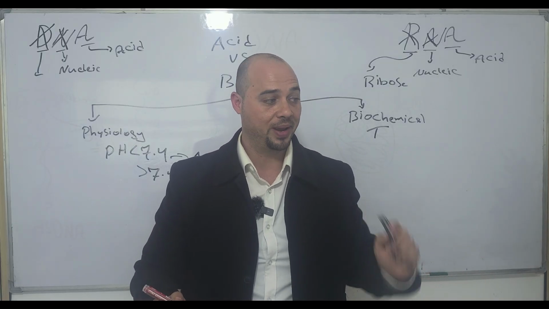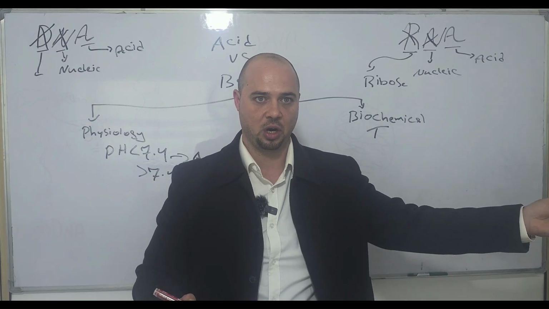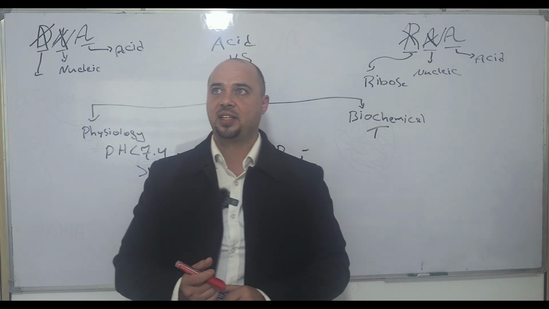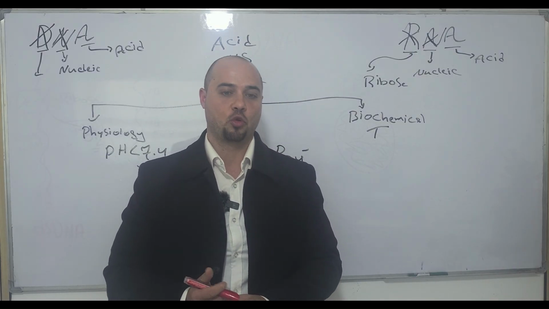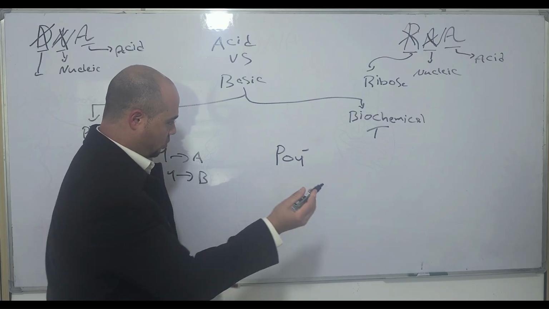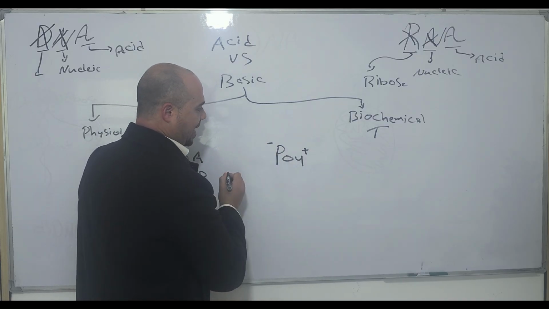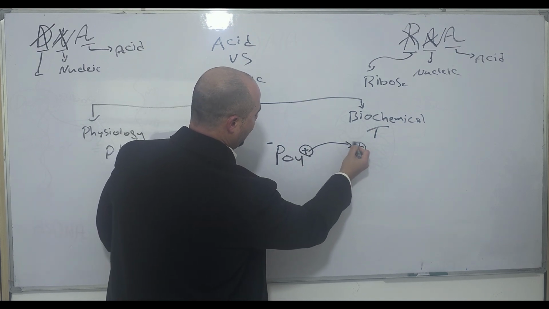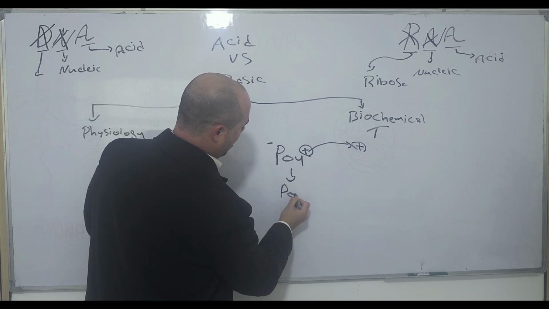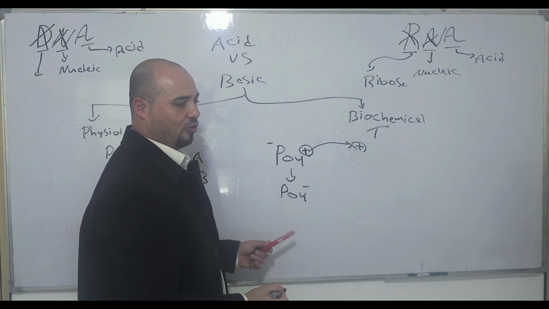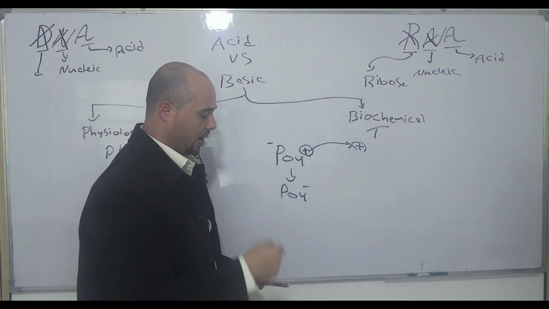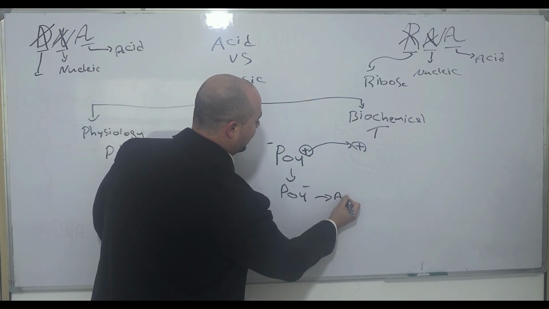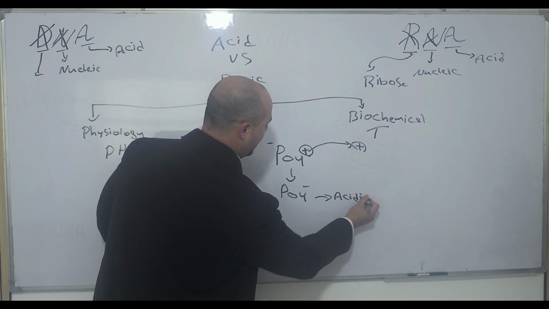And because it donates a positive charge, because it throws away a positive charge, we call it acidic, right? To clarify this, the phosphate was happy, it was neutral, nothing going on, then it dumped its proton, and now it's called phosphate PO4 negative, right? Because it donated it, this chemical group in biochemistry is called acidic.